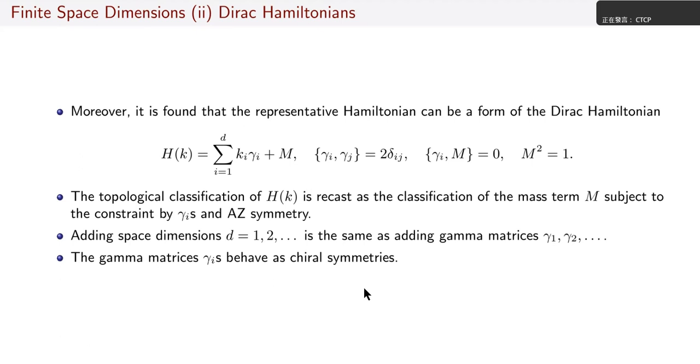Because adding a spatial dimension is the same as adding a gamma matrix, and adding gamma matrices is the same as adding chiral symmetries. Then the problem is to solve what happens if we add chiral symmetries as a constraint on the mass matrix.